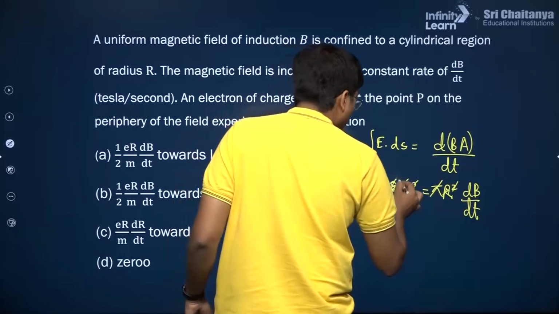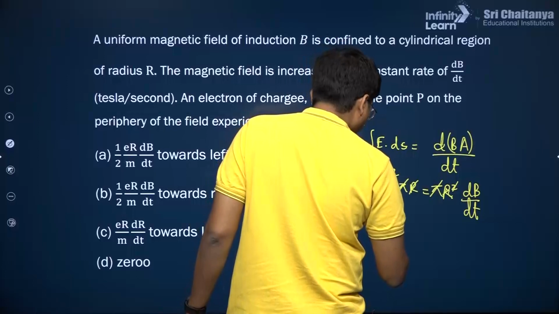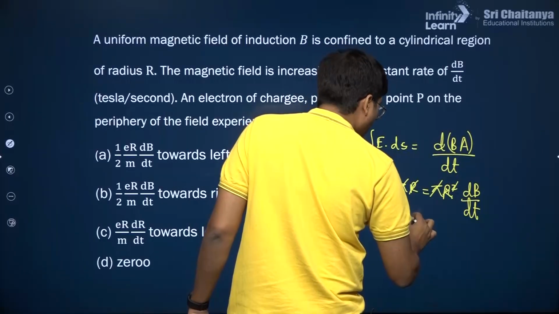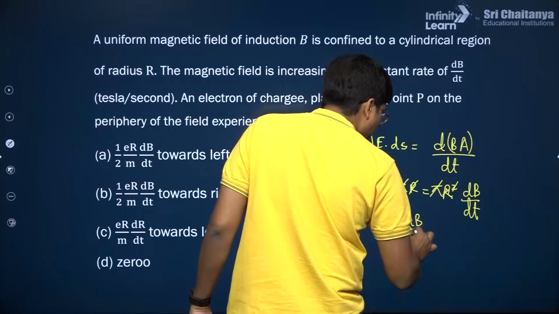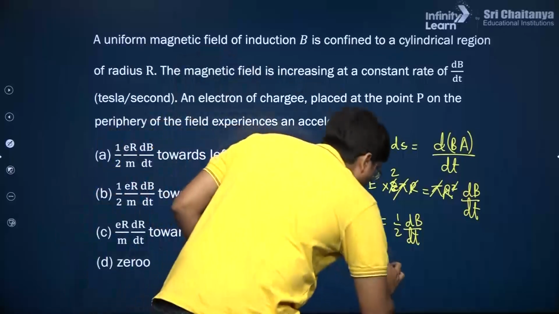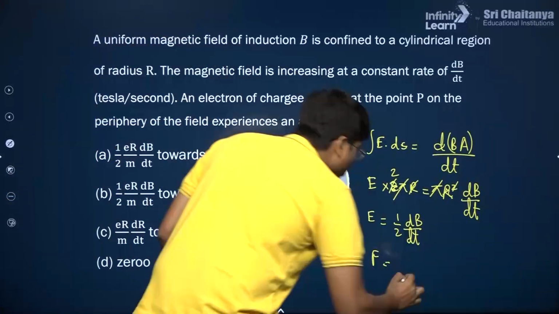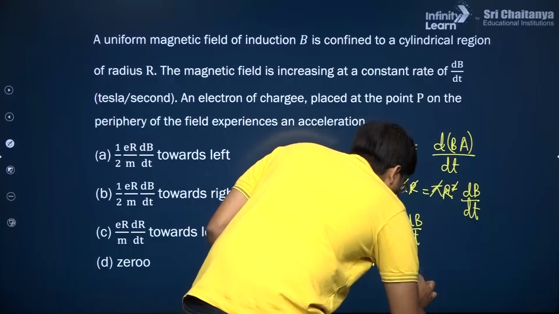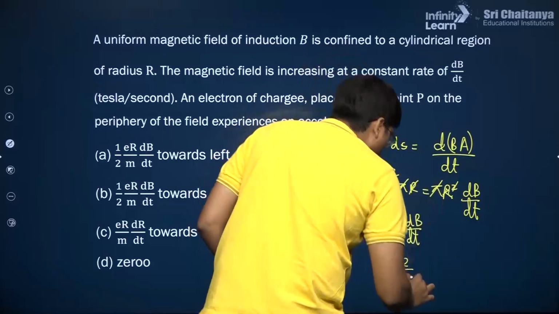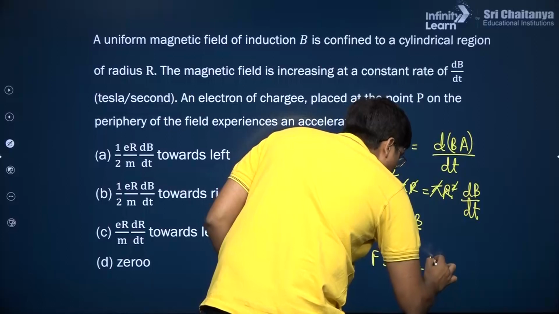into dB dt. Now over here the pi's cancel out, one r cancels out, we'll keep it capital R, this 2 is still remaining, so my E is now equal to R by 2 dB dt. If this is the electric field, the force would be given by F is equal to, since it's an electron, it's a charge into electric field, so it would be eR by 2 into dB dt.